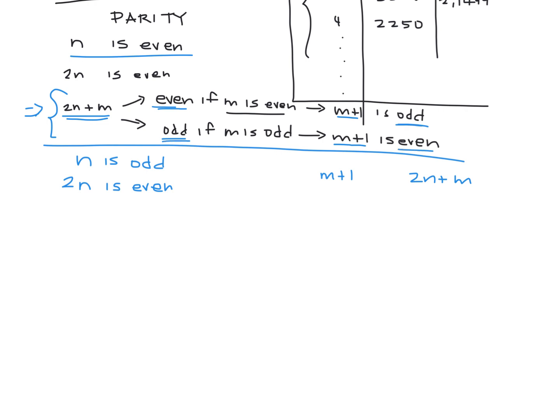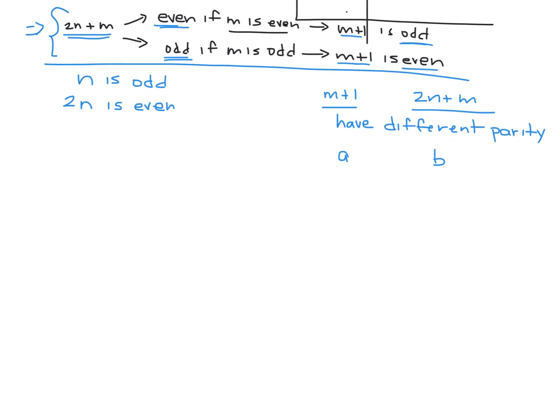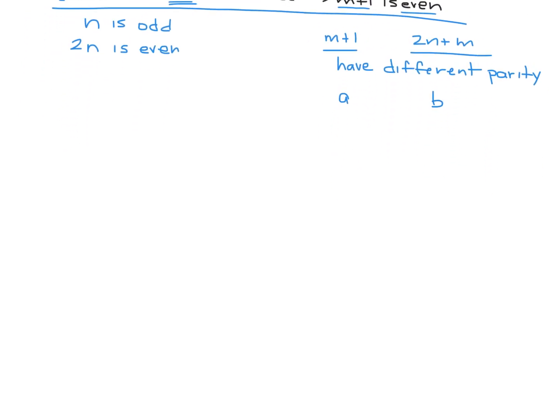And that's very helpful. Since there's only two parities, odd and even, and that's it. So m plus 1 I will call A, and 2n plus m I will call B, and then I'll make the table. All right, so far so good.